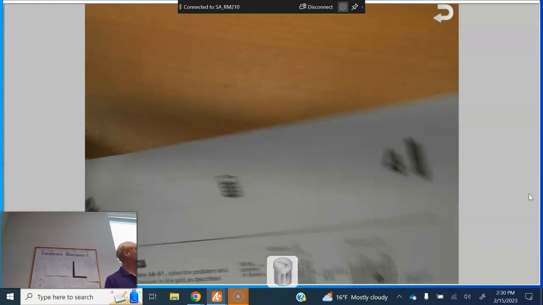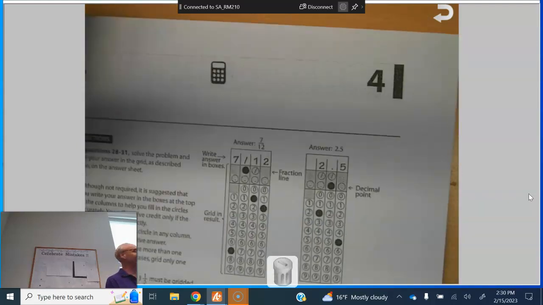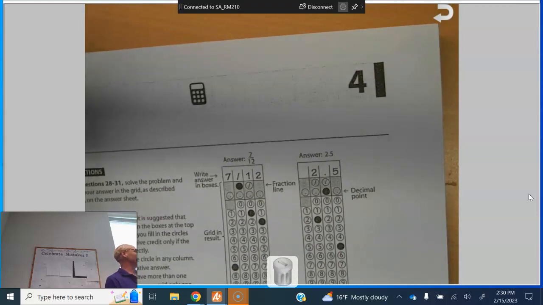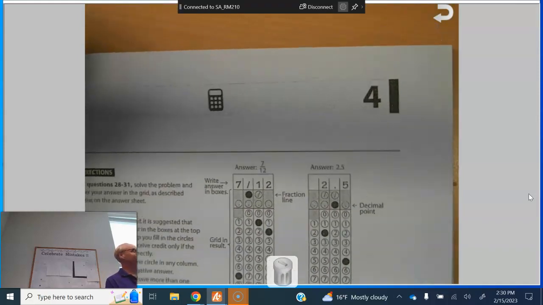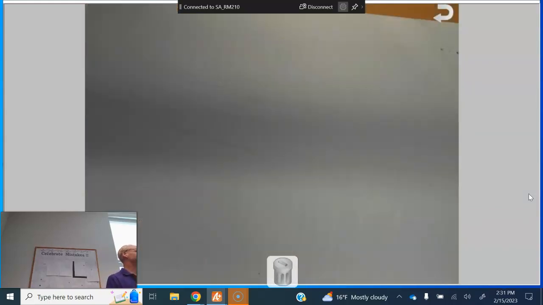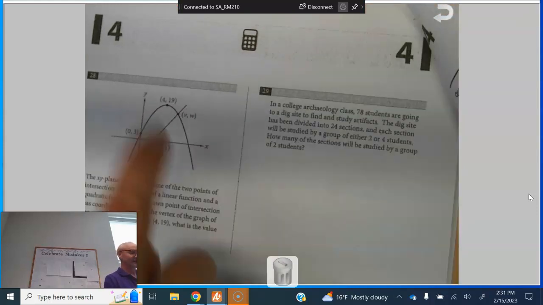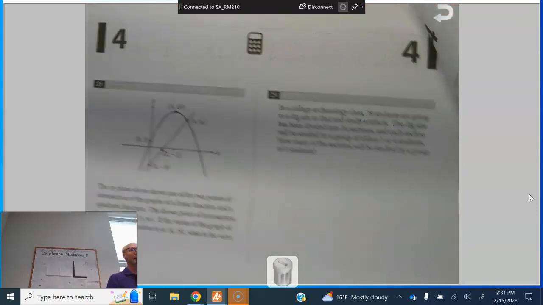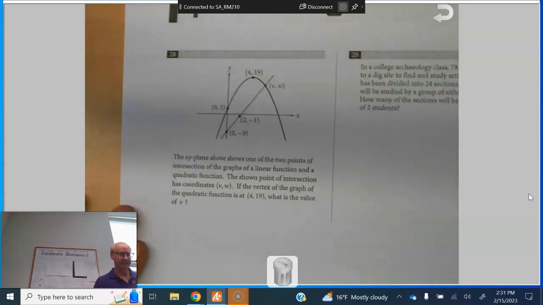And normally on a PSAT or an SAT, this one restarts the whole process all over again. In fact, usually the easiest problem on the test is right here. It just so happens that they messed this one up for some reason. They did not put the easy problem here. This is a really hard one, but I'm going to show you the trick for it anyway.